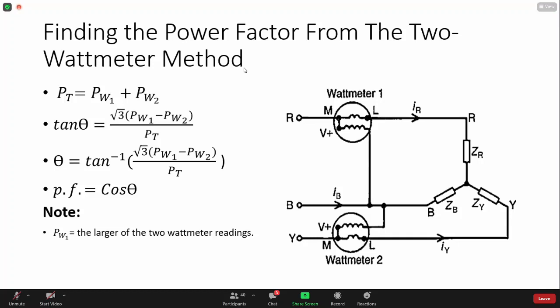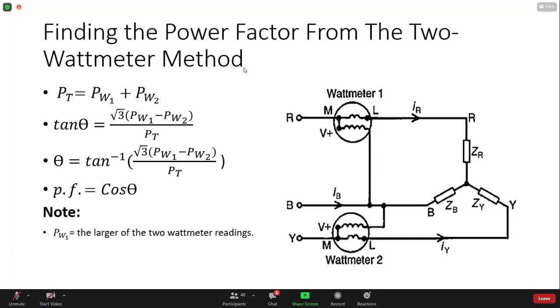You only really need to know how to use the formula. All right, so it's a little bit unwieldy, but let's say you find the total power. That is what's called PT up there.